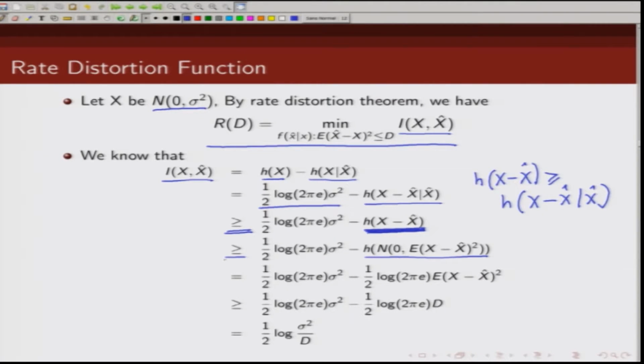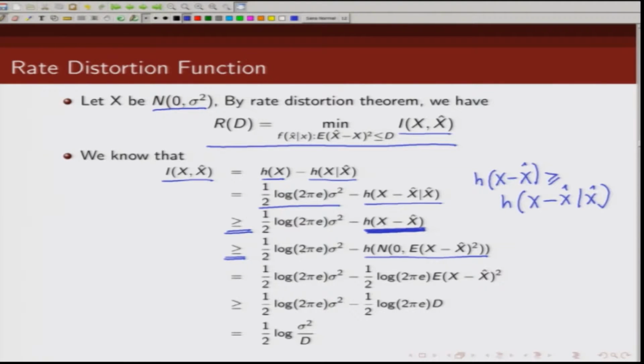So, this greater than or equal to comes because the differential entropy h of X minus X hat is upper bounded by the differential entropy of a Gaussian random variable with the same second order moment.